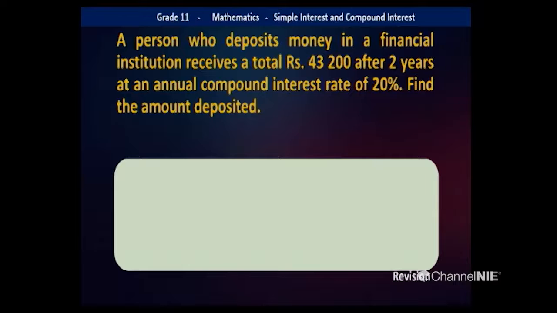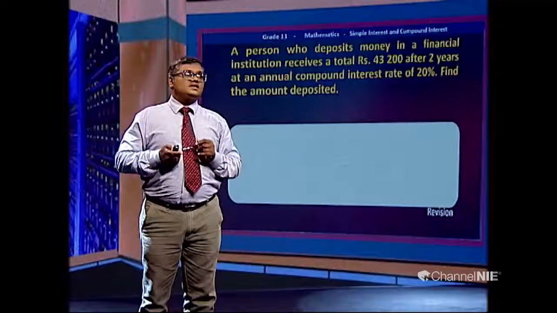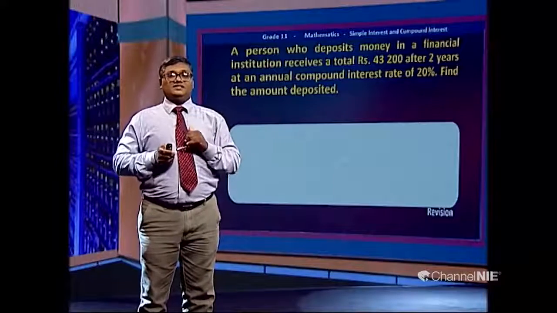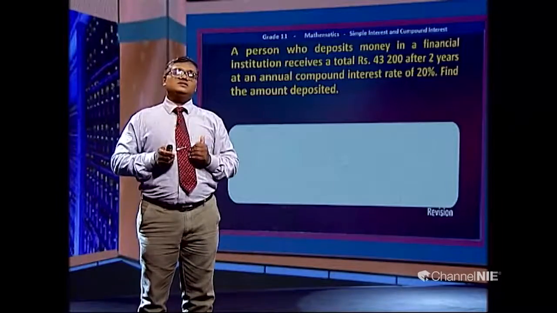After 2 years, the total is 43,200 at an annual compound interest rate of 20%. Then what is the information given here? Interest rate is 20%, compound interest. Time is 2 years. Initial amount not known, but total amount after 2 years is 43,200.